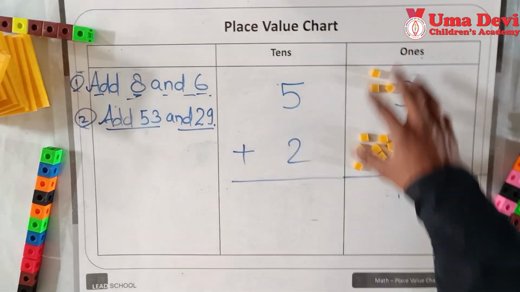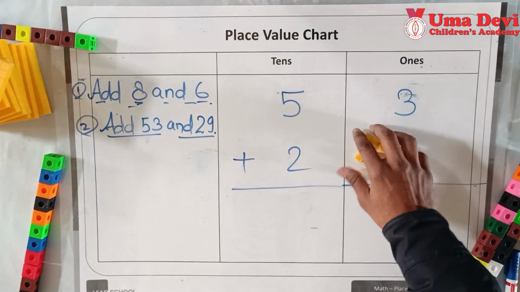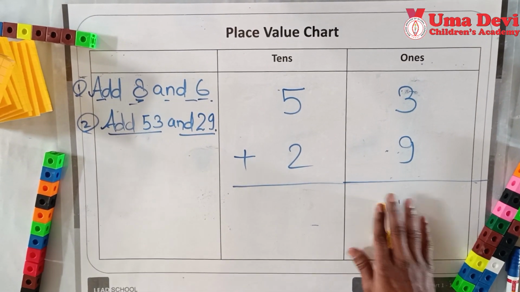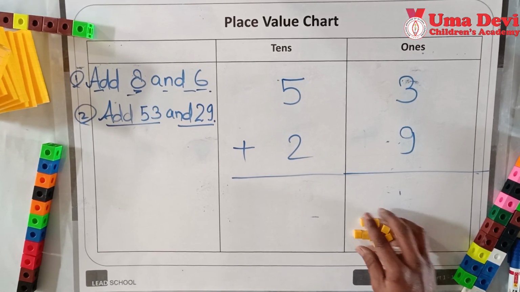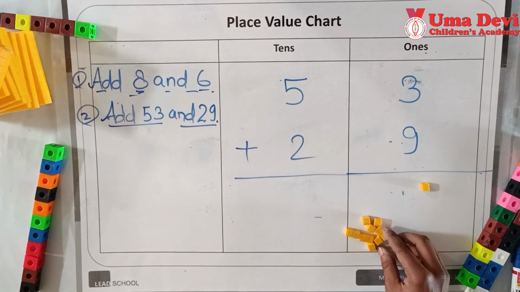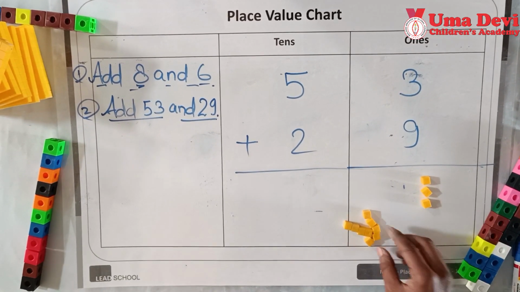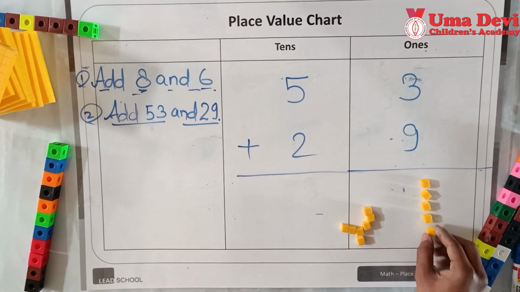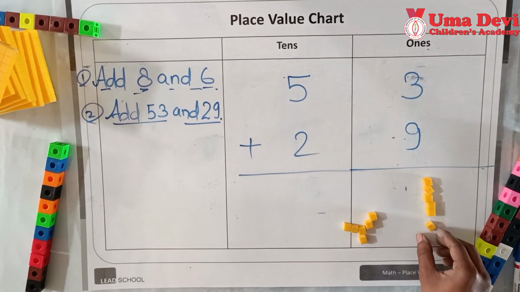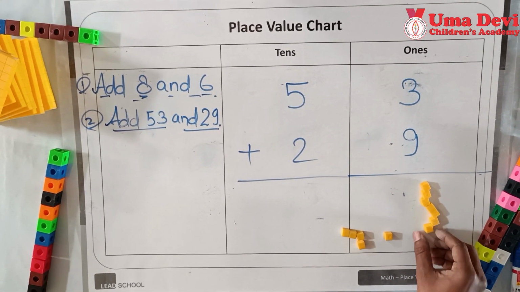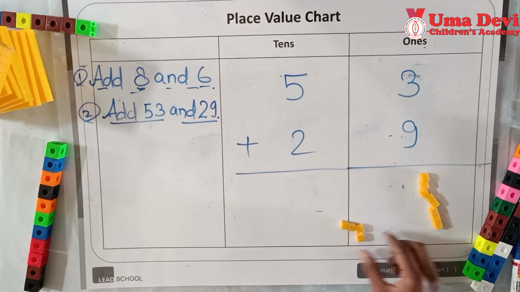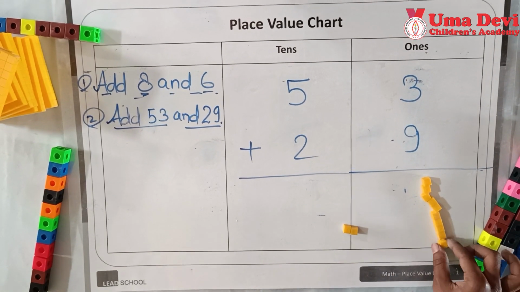As we have to add these numbers, I am putting all these together, right? So now count this, 1, 2, 3, 4, 5, 6, 7, 8, 9 and 10.